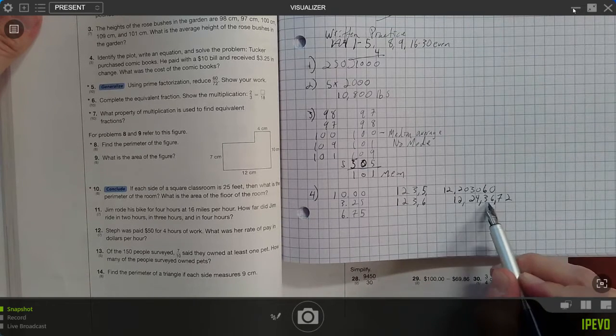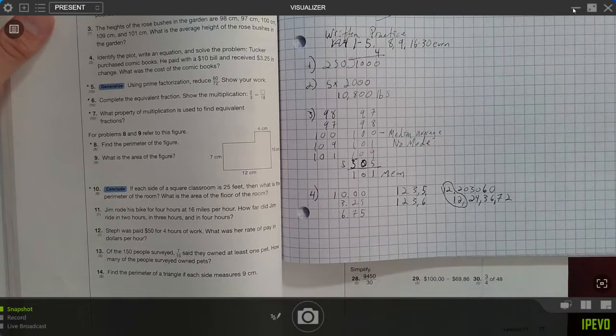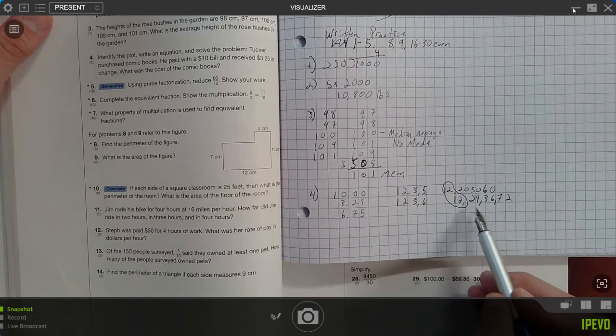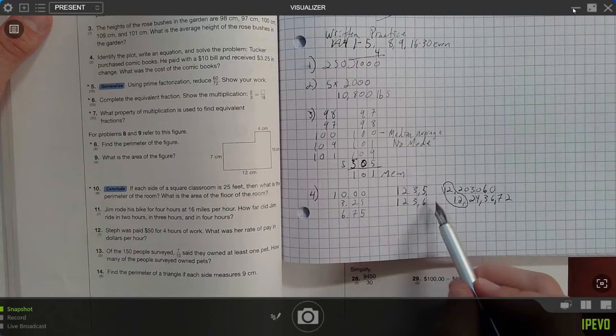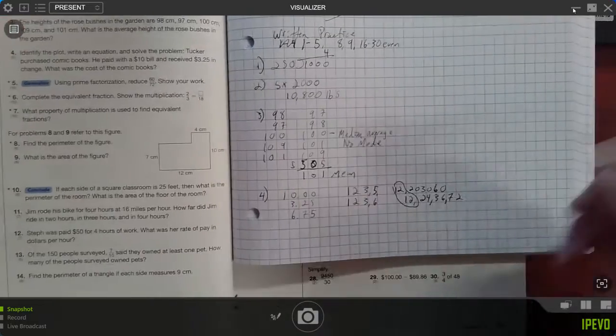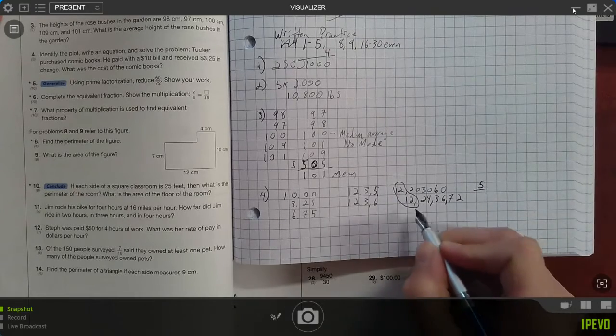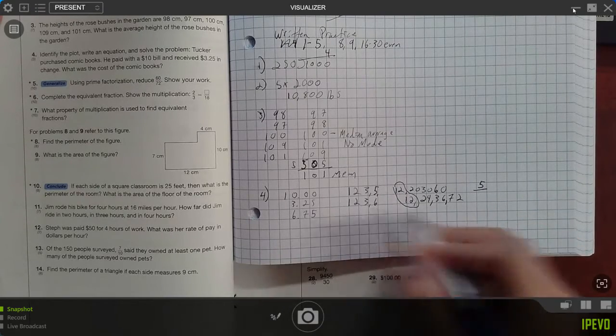I have found the greatest common factor, which is what I'm looking for here. I don't need to check anything else, because once you've found the biggest factor that both of them share, I'm not going to find a greater common factor below 12, right? I'm going to find a smaller common factor. So that 12 is important. 12 goes into 60 5 times, and 12 goes into 72 6 times.